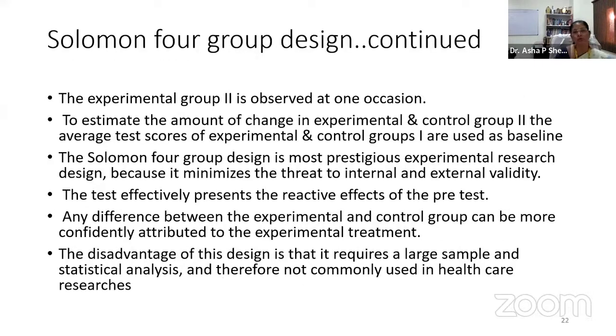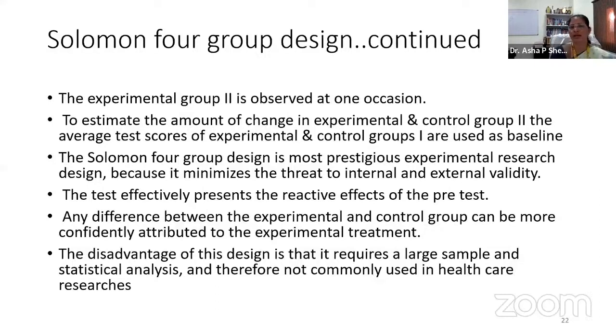In the Solomon 4 group design, experimental group 2 is observed on one occasion, and to estimate the amount of change in experimental and control group 2, the average test scores of experimental and control group 1 are used as a baseline.